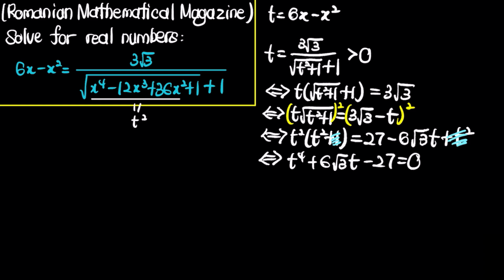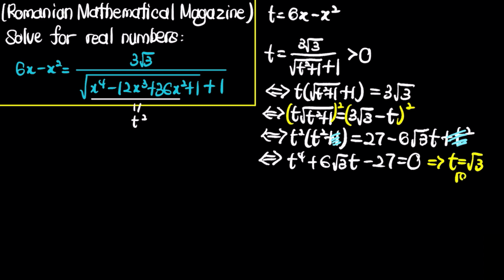Now we see that this is a polynomial, but the coefficients are not rational, but we can try to guess the root of it. By guessing the root, you can see that this equation contains the root t is equal to square root of 3.